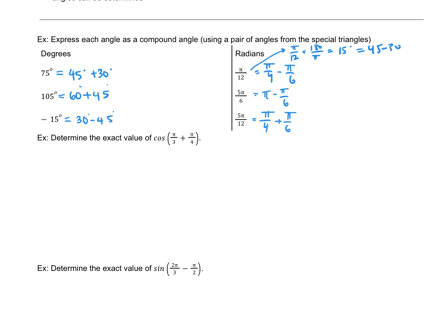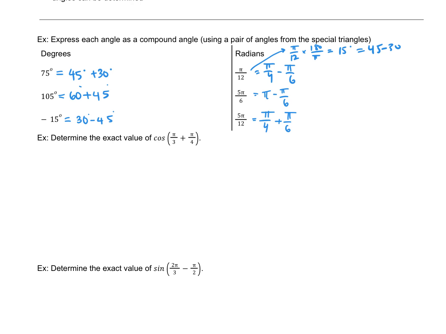So for our first 2 examples, I already have our angle written as a sum or difference of angles. So determine the exact value of cos of pi over 3 plus pi over 4.